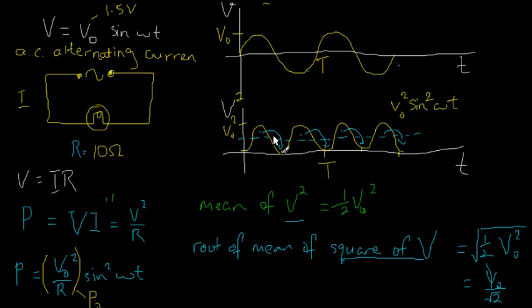But using this way, by squaring it first, I remove all the negative values, and then taking the average, and then taking the roots again, so that instead of V squared, I get back a voltage value, a voltage quantity. It's kind of an alternate way of finding average.